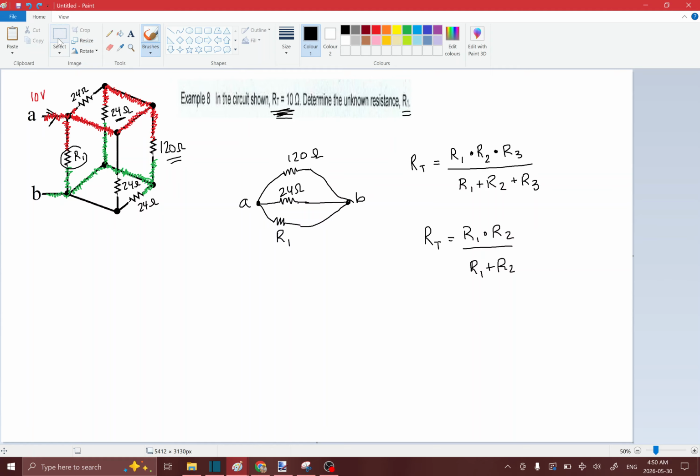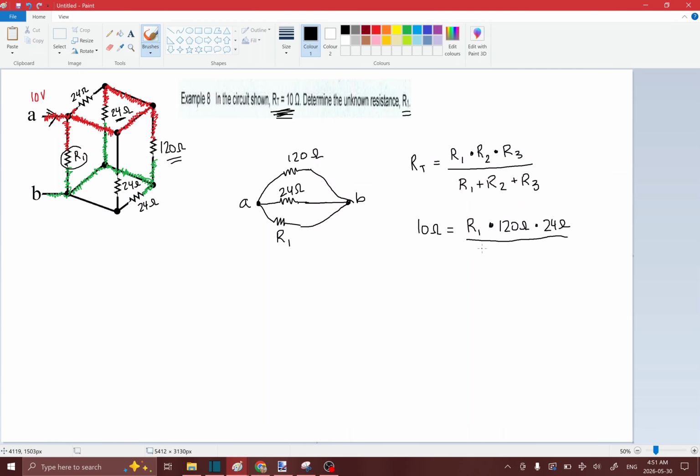So let's go ahead and get rid of this. And what we're going to do is RT, we know that's 10 ohms. R1, we don't know what that is, so we'll keep that there. R2, we can just say that's 120 ohms. And then R3, we can say that's 24 ohms. It doesn't really matter if you set R2 to 120 or 24.